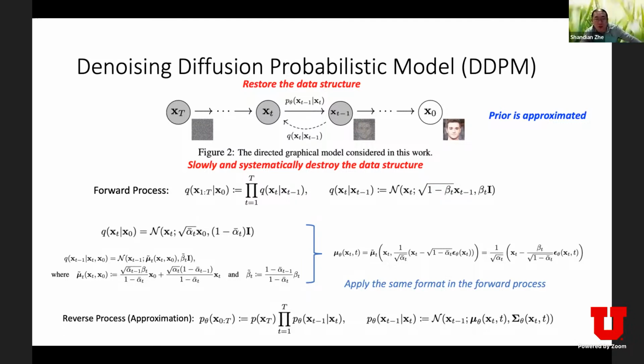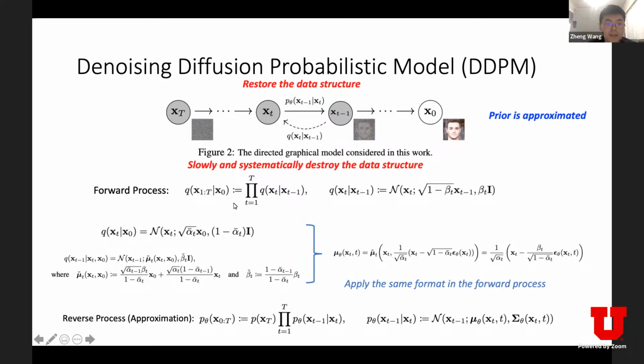That's why you draw the arrows in the right way, and then you call it the reverse process. Yes. This is a figure from the DDPM model. Okay, okay.